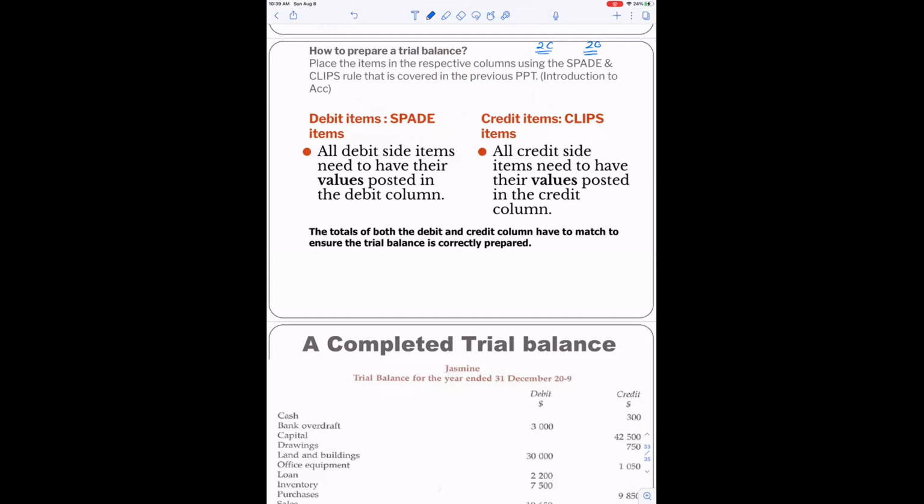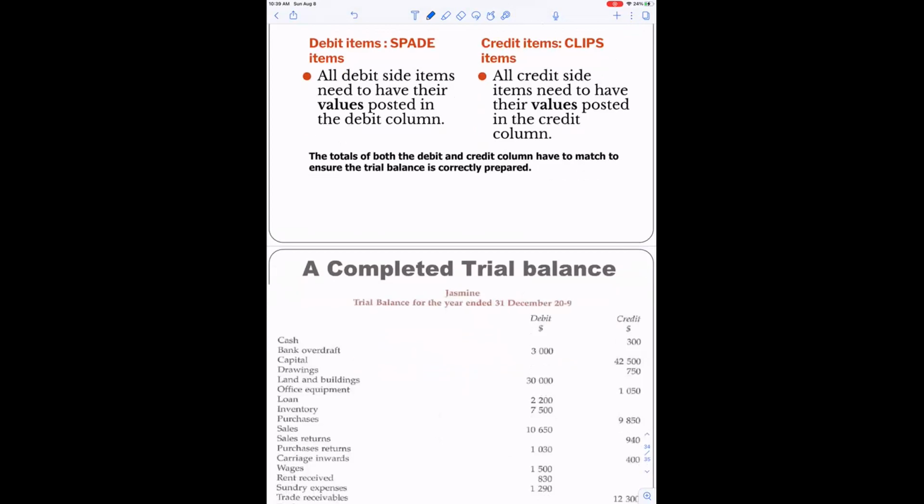Let's quickly look at the rules of the debit items in a trial balance and the credit items in the trial balance. The debit items in the trial balance could be recalled with spades. Credit items in the trial balance could be recalled with clips. Spade, debit items: sales return, purchases, assets, expenses, and drawings.